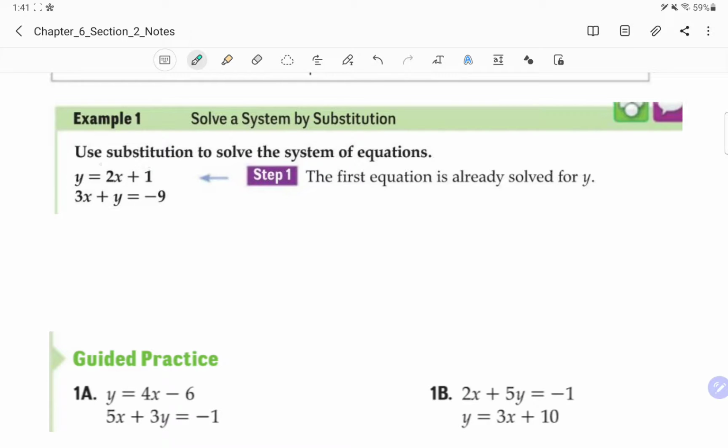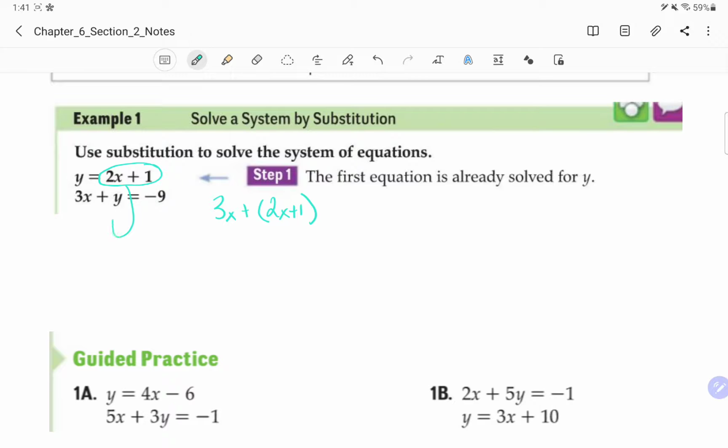But what I can do is, y is equal to this, and y is in this equation. So take what y is equal to and plug it in. So I can take 3x plus 2x plus 1, because that's what y is equal to. So I'm replacing y with what I know y is equal to.